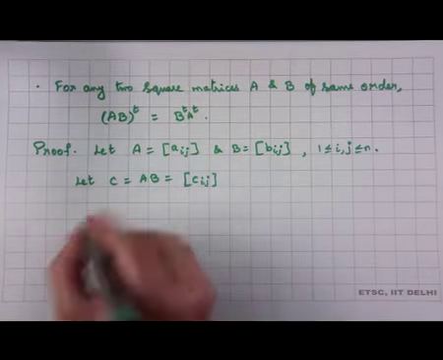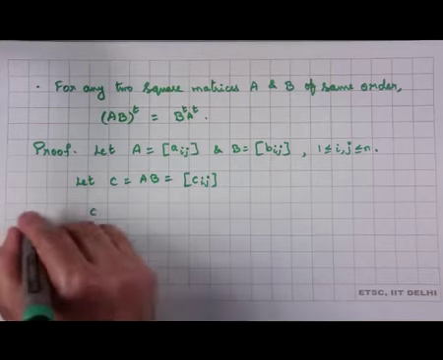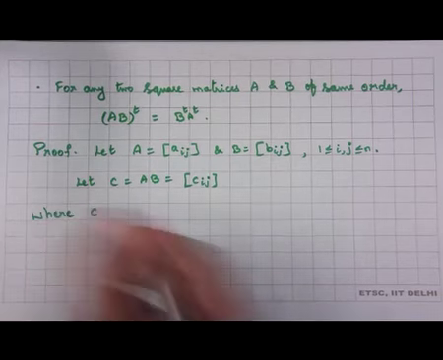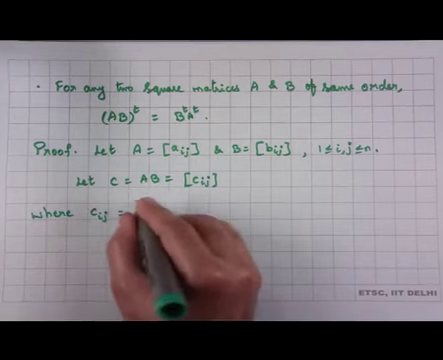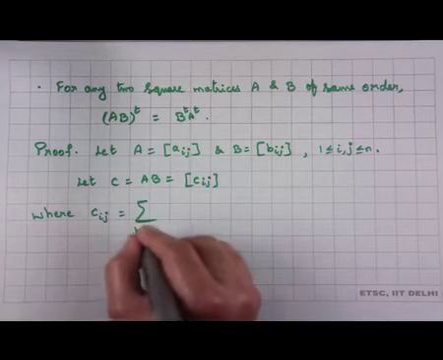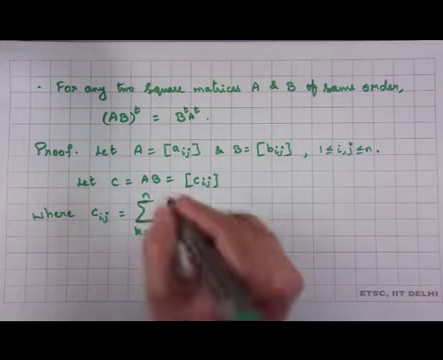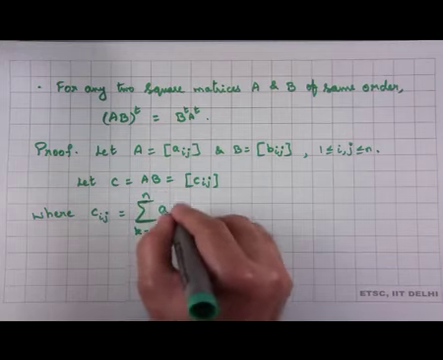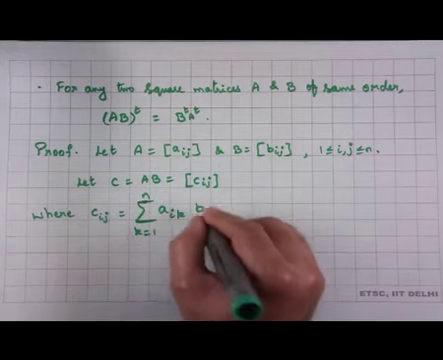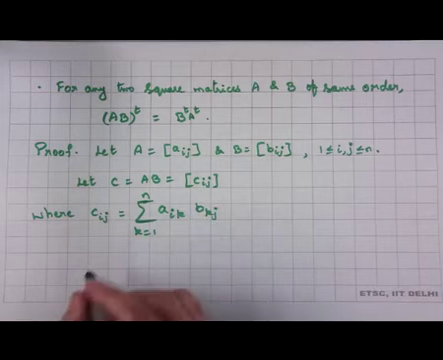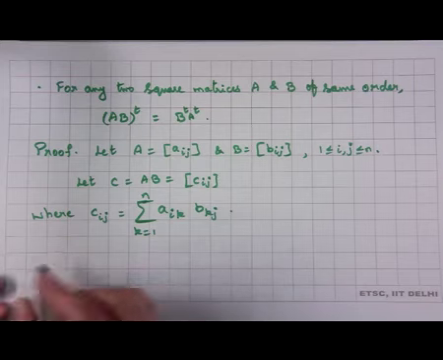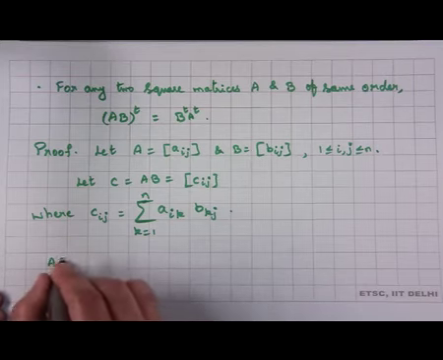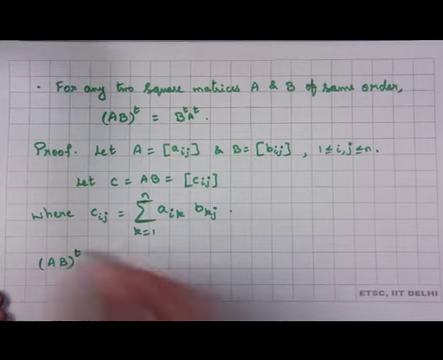What does it mean by Cij? Where the ijth entry of the matrix C is given by summation k running from 1 to n of Aik Bkj, right. This is what we have. Now, let us try to calculate AB whole transpose.